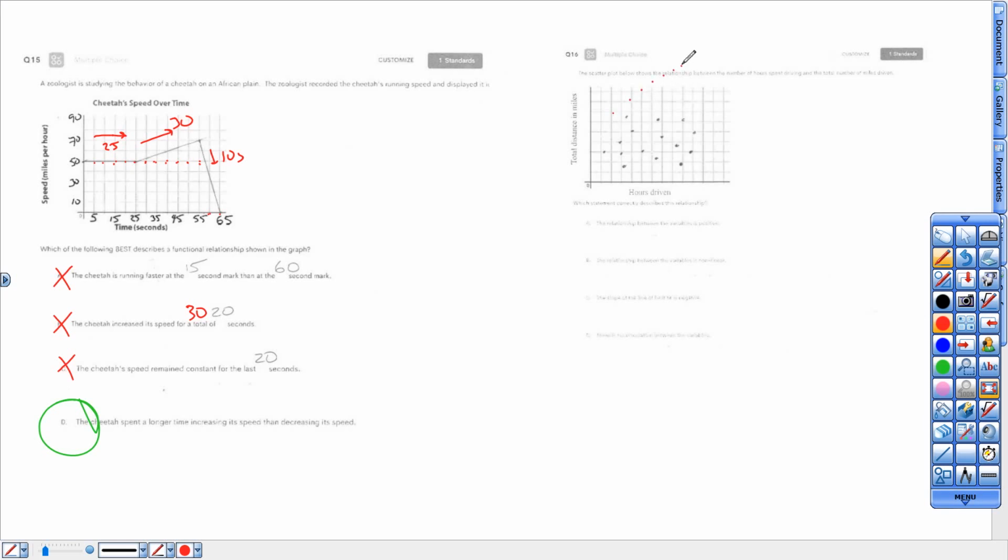It's non-linear. Yep, that's the one. Non-linear means that those data points are so spread out, they do not form a line. If I wanted it to be positive, they would have been uphill. If I wanted it to be negative, they would have been going downhill like that, where I could see a line. But again, there's nothing. They're spread out. All right, next problem.